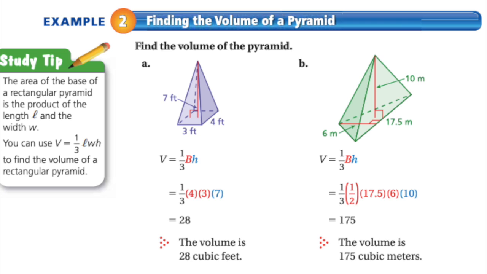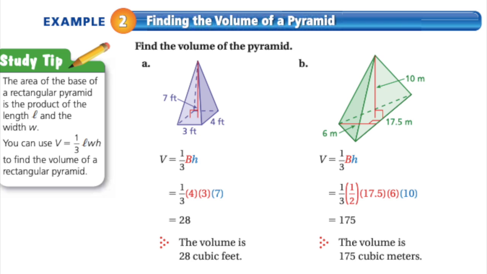Now, looking next at this letter B, it's a little bit more tricky because it's a triangular base. And of course, with the pyramid, you also have triangles as your faces of the pyramid. And so if you look again at the area of the base, they do have the formula in red for the triangle, 1/2 times the base of the triangle times the height of the triangle.